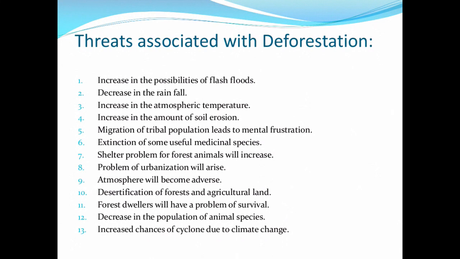If you go for deforestation, what are the threats we are going to have? Increase in possibilities of flash flood. If the natural food that is obtained from the forest is not available, then we are supposed to go for cultivating in a chemical manner.